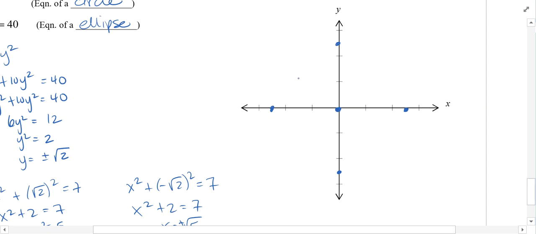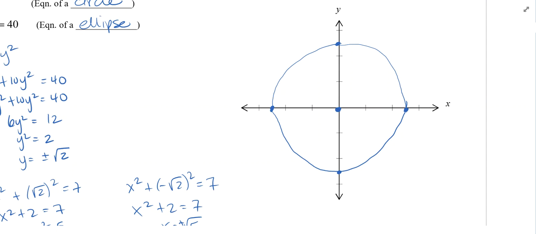And I'm going to try to draw this. Ooh, that looks terrible. It's a pretty lumpy ellipse. Or sorry, circle. Looks like it's a circle.